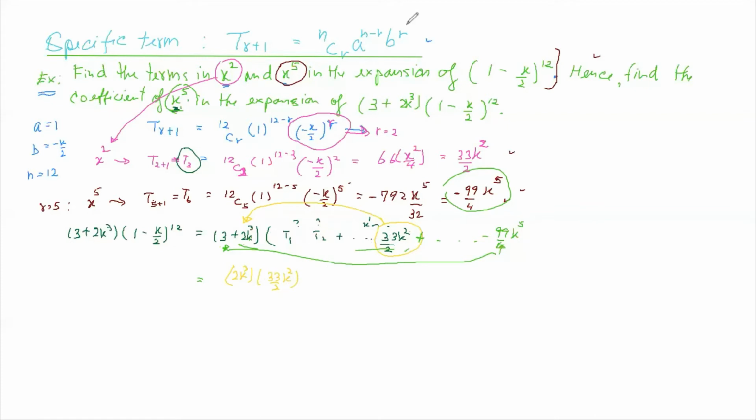And then next one, we use this term times 3. In the middle term, we don't care, okay? But this one times this one is going to be what? Because this is a minus, this one times 3 has to have a minus sign, correct? So we have 3 times 99 over 4 x power 5.